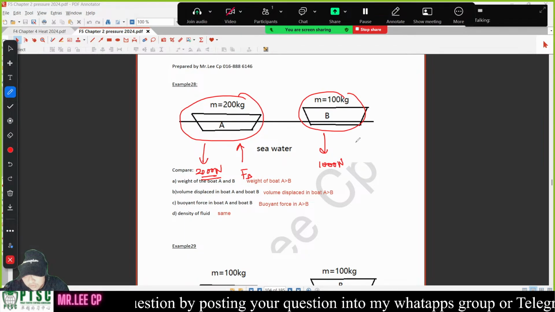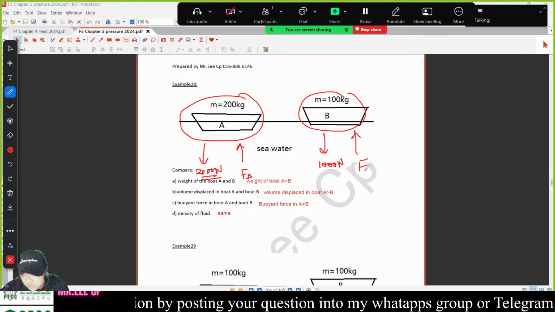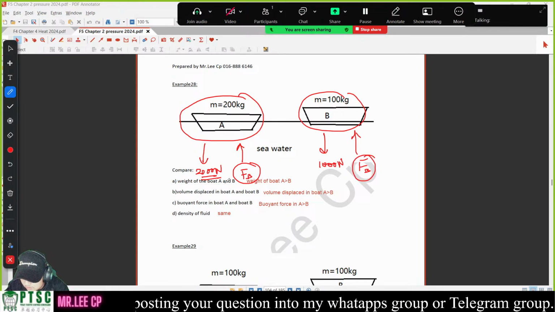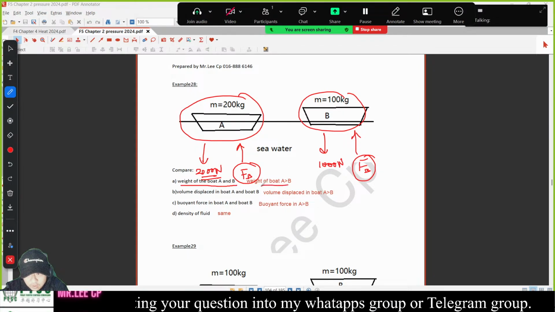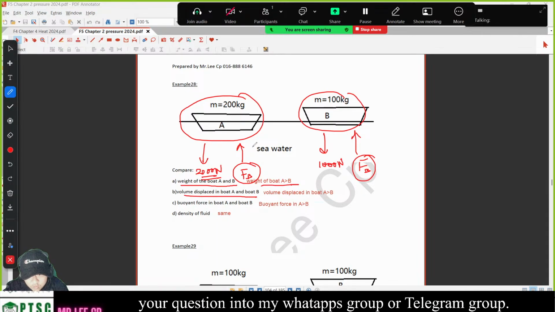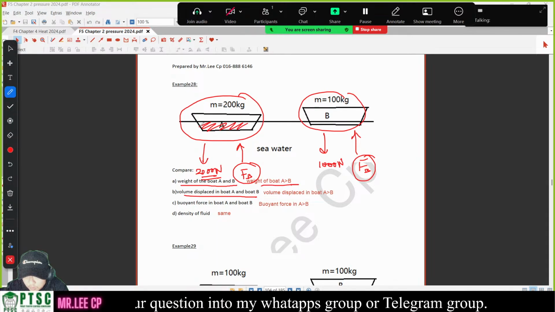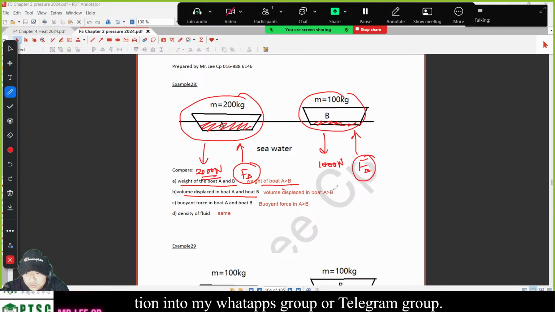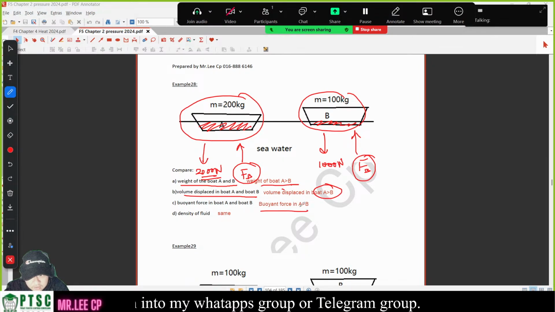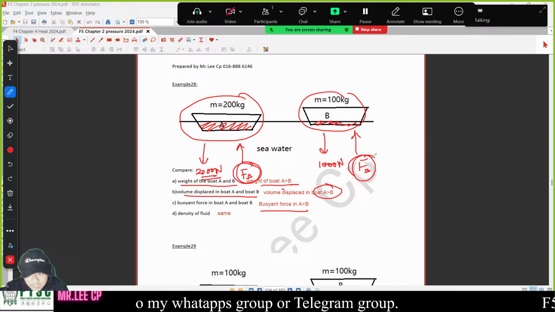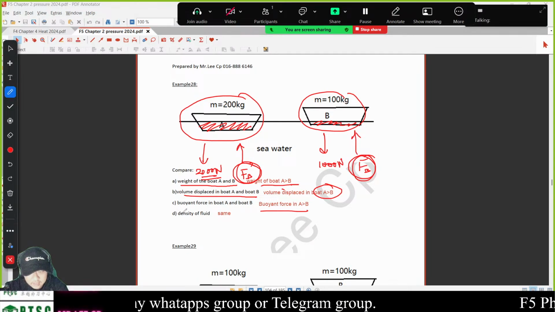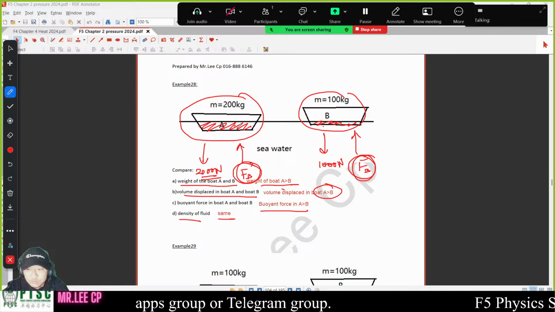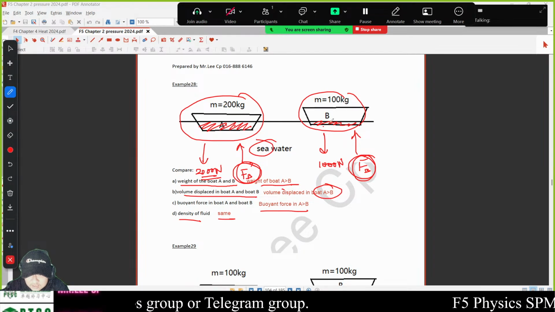So this buoyant force is more than this buoyant force. Weight of the boat, A more than B. So volume of the water displaced, A more than B. So buoyant force, A more than B. Right? The type of the liquid, the type of the fluid, same. If this one is seawater, this one also seawater.